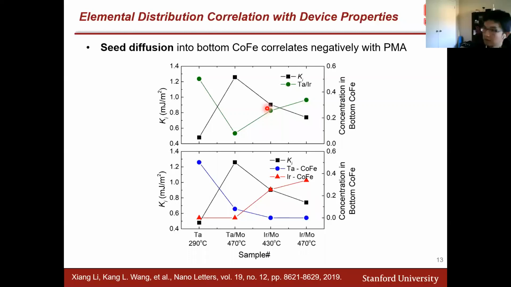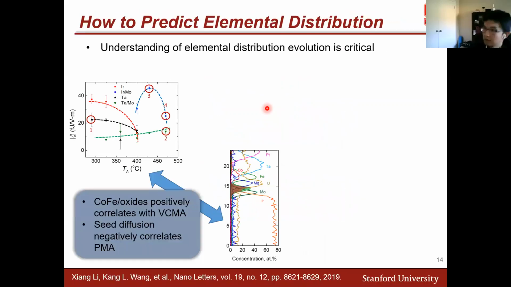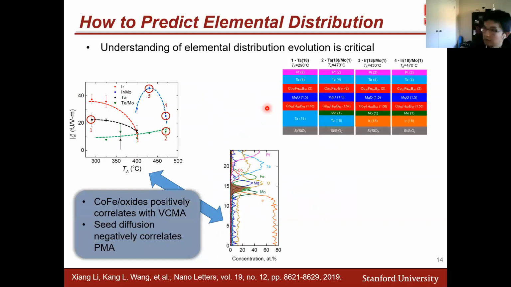With this, we have done this correlation I just mentioned. But if we step back and think about it, in the real practical world, we start with the stack. The stack is only the material, the thickness, and the sequence.